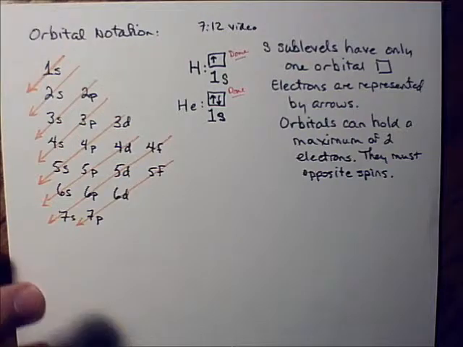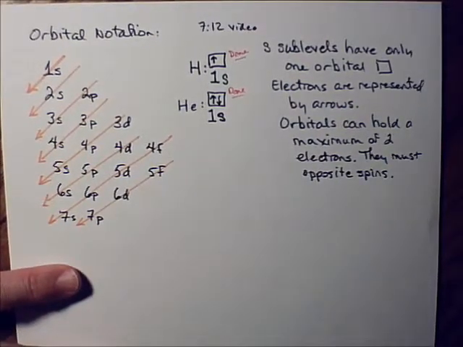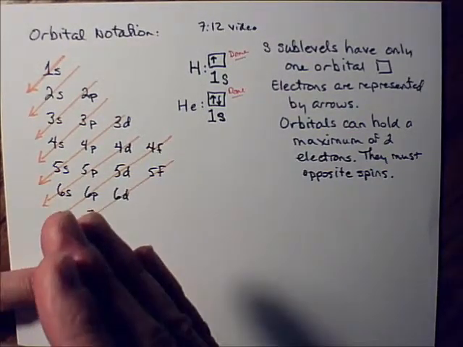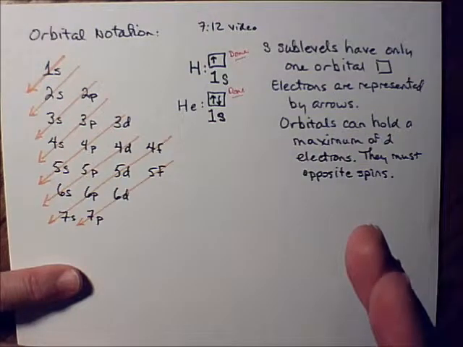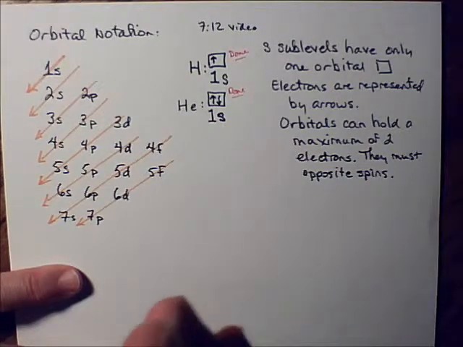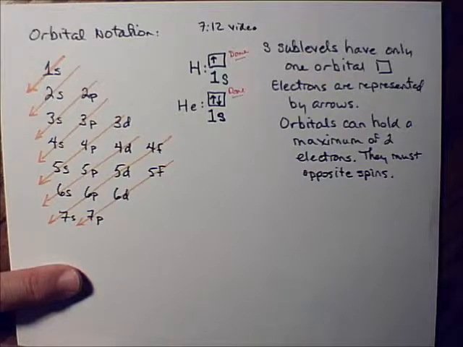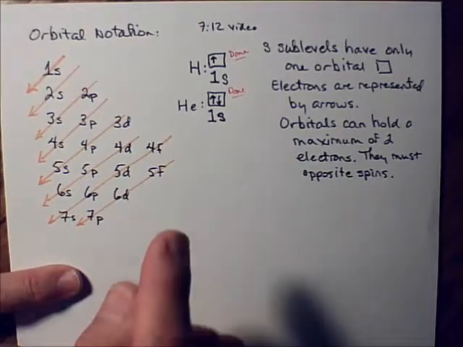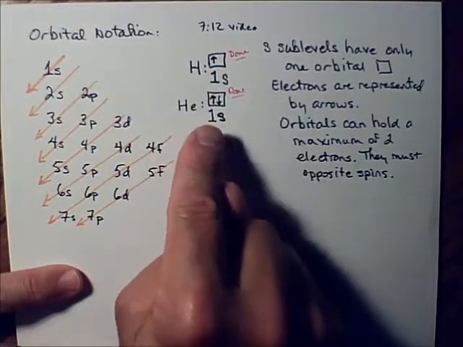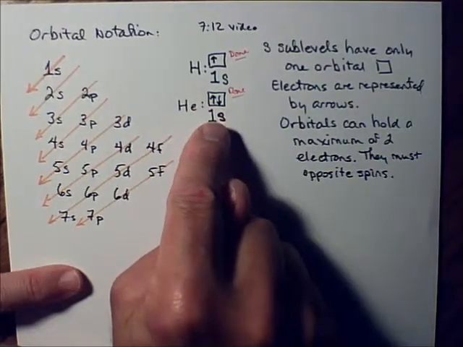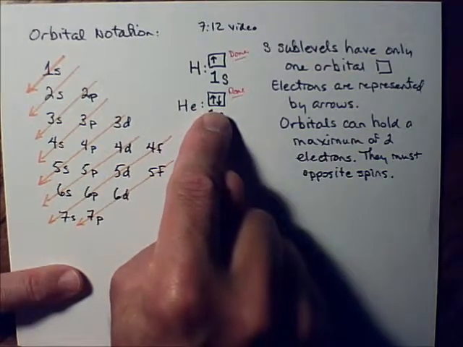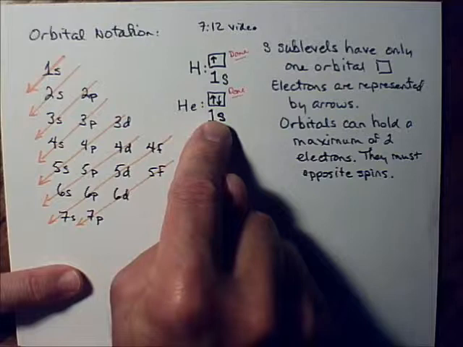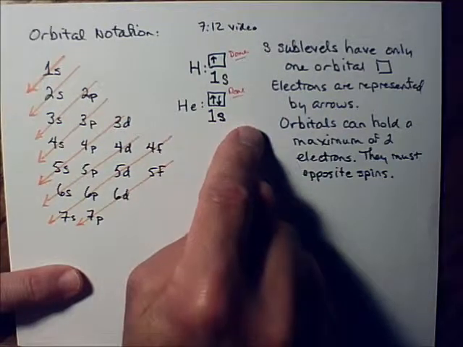Now the thing to remember is all atoms that follow have to have all the electrons in all the orbitals we had before. So every atom that we build orbital notations for after these is going to have this 1s orbital with 2 electrons in it. And we're going to add electrons above that.